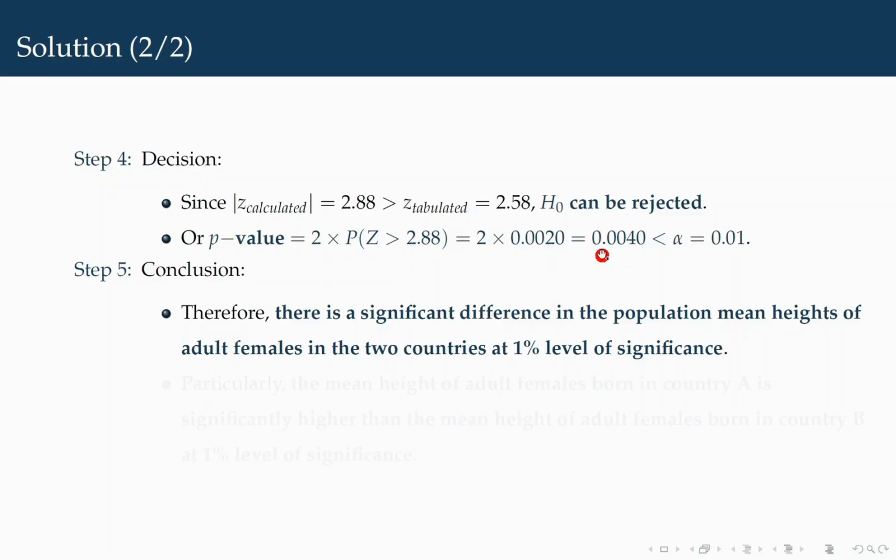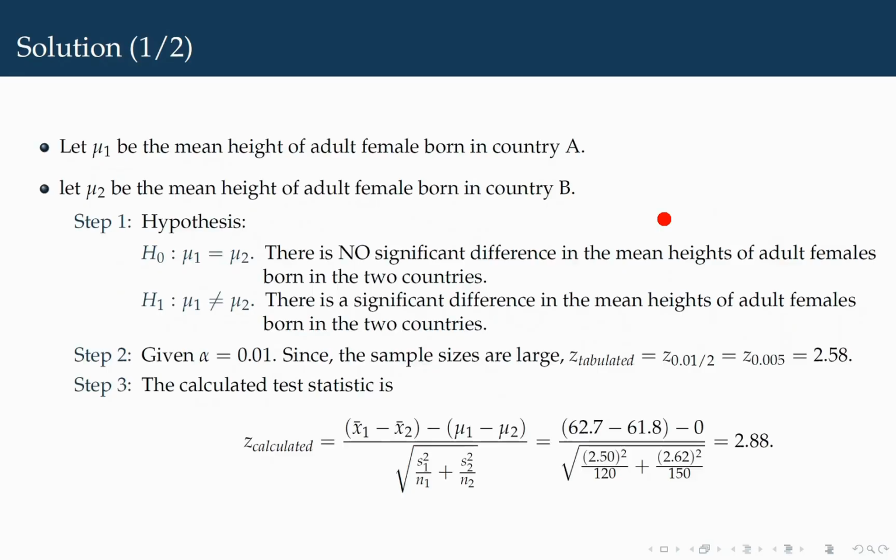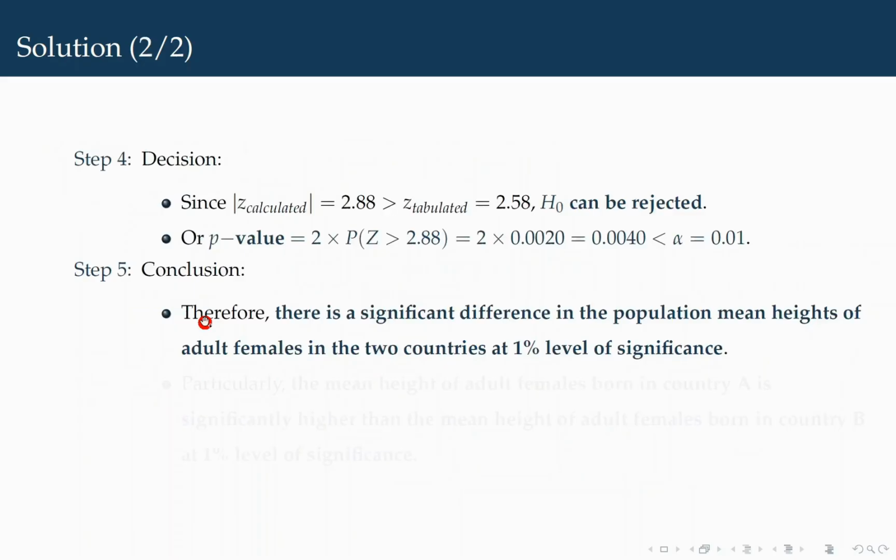Then the p-value would be around 0.0040, which is less than 1%. So again, H0 can be rejected. So if H0 is rejected, we are in favor of the alternative hypothesis. So there is a significant difference in the population mean heights of adult females born in the two countries at 1% level of significance.